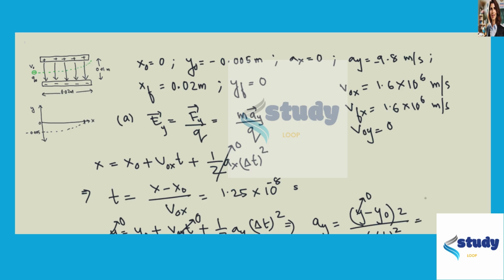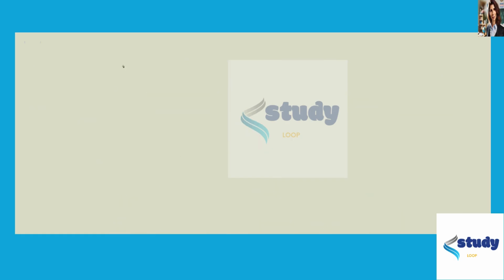So finally we have ay equal to negative twice y naught over delta t squared. Now we can substitute the value of time that we just calculated and the value of initial y and find the acceleration. That comes out to be equal to 6.4 times 10 to the power 13 meter per second squared.